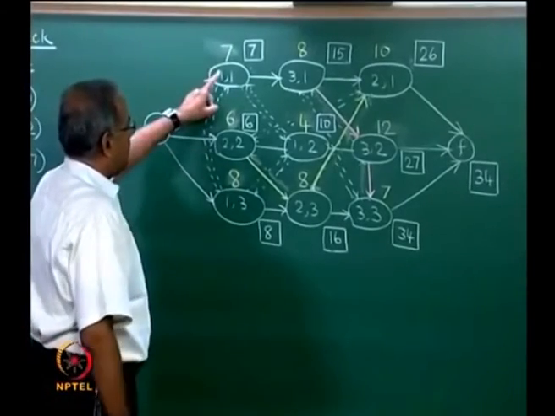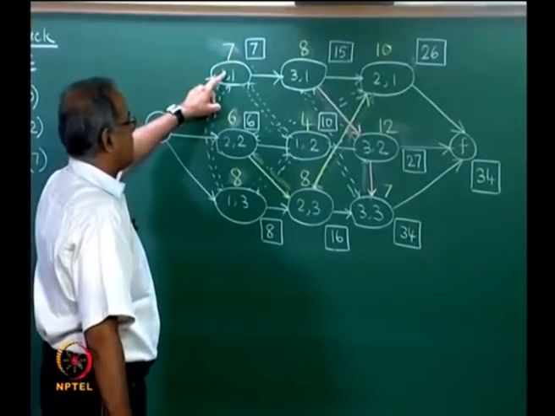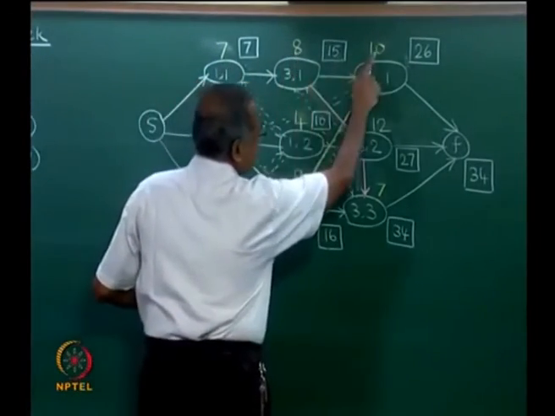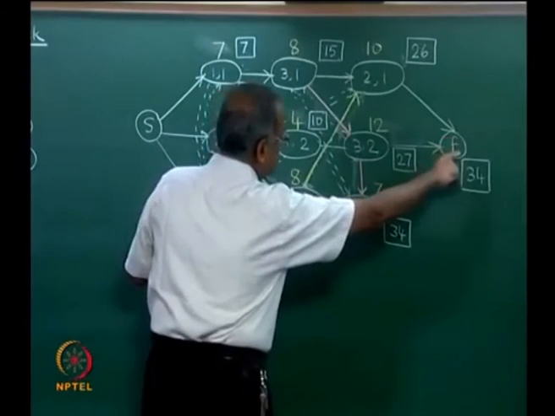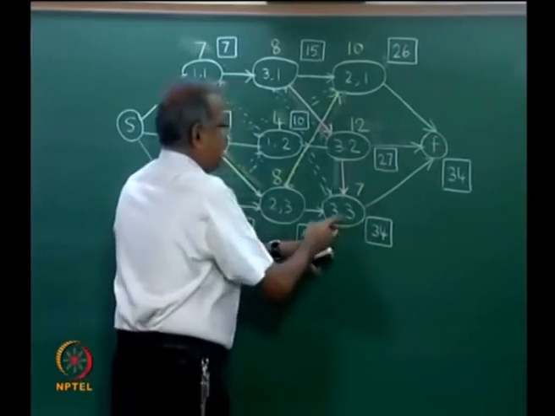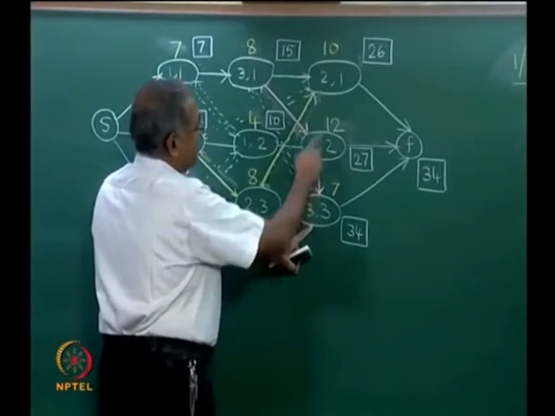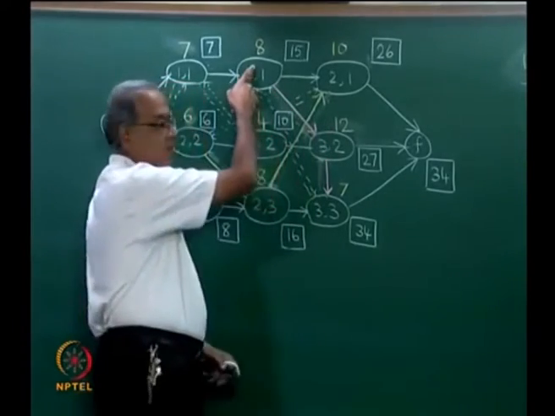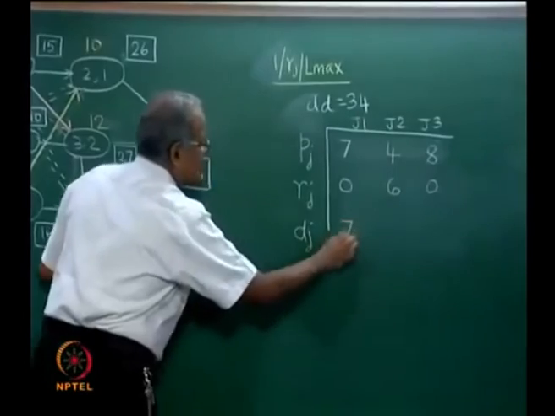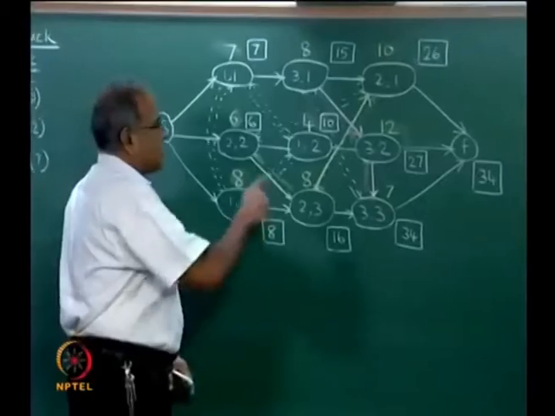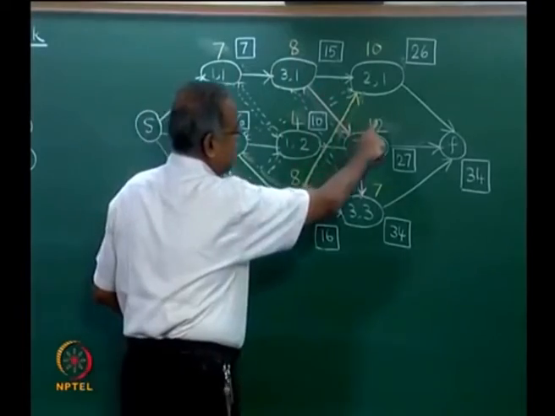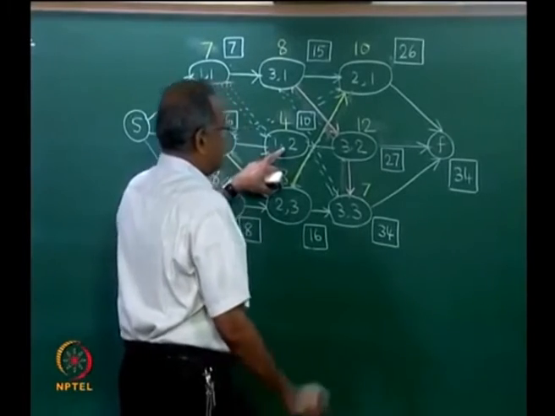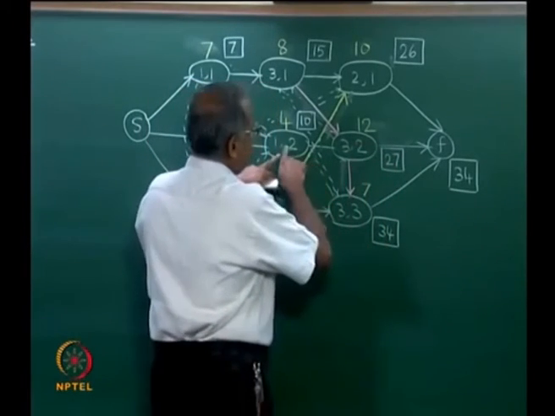Now when we look at this, the longest path that connects will be 7 plus 8 15, plus 12 27, plus 7 34. So 34 minus 7 is 27, 27 minus 12 is 15, 15 minus 8 is 7. So due date for this will have to be 7. Now as far as J2 is concerned, the longest path would be from here.